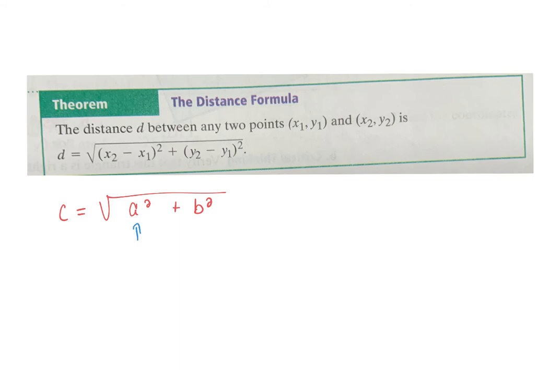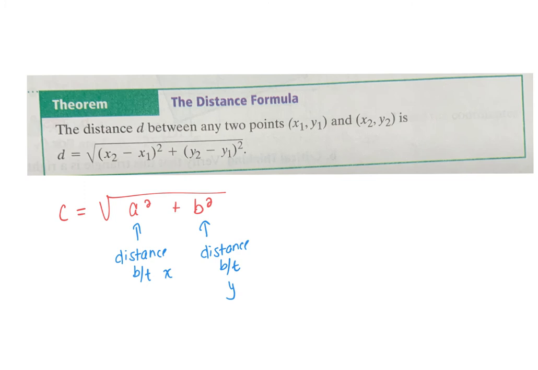A represents the distance between the two x's, and b represents the distance between the y's. And then you have to take the square root because the Pythagorean theorem solves for c squared. And so at the end of all of our c squareds, we had to then take the root. So the distance formula is literally just the Pythagorean theorem written out, to find distance using x's and y's.